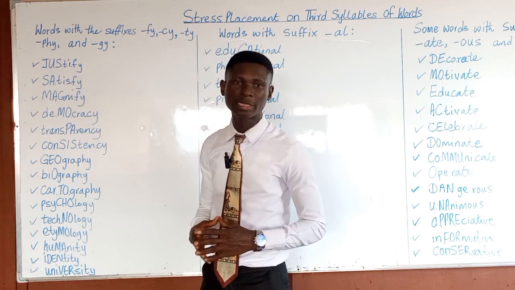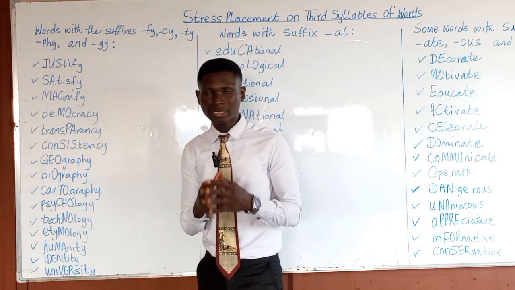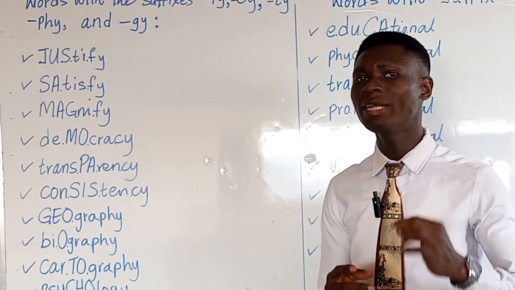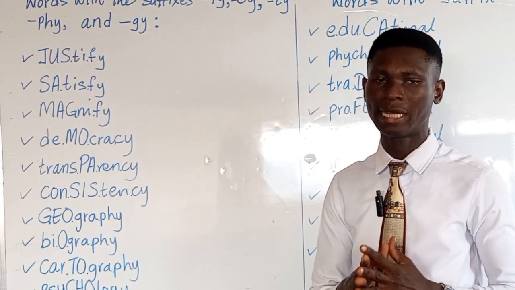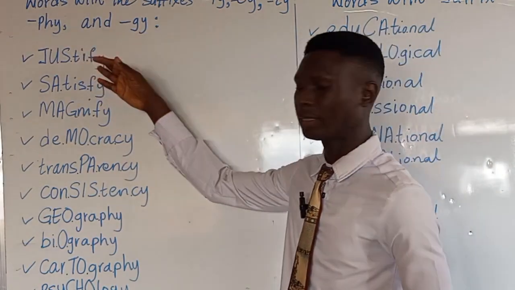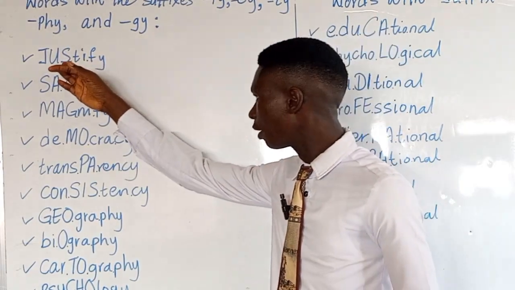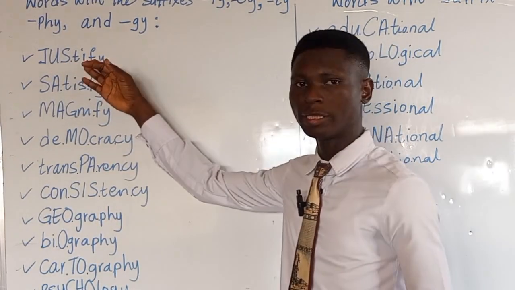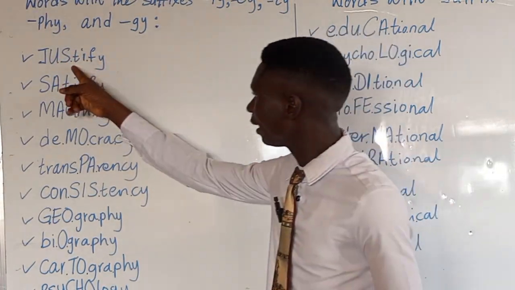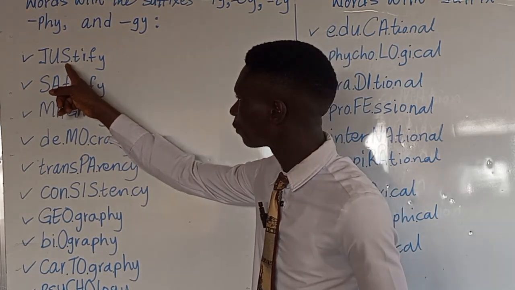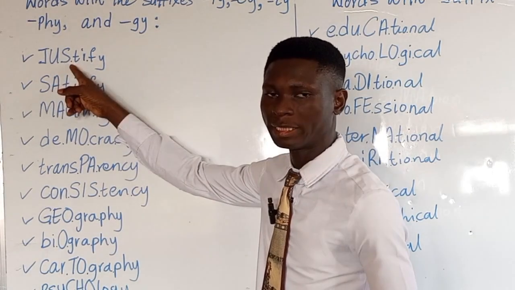So I'm saying this to say that a stressed syllable is not only loud but also longer than any other syllable. So we have justify. We hear this one more than we've heard this too. Justify. And I've split it. This dot indicates the syllable partitioning.